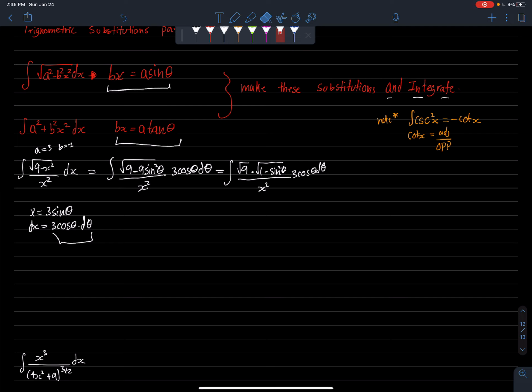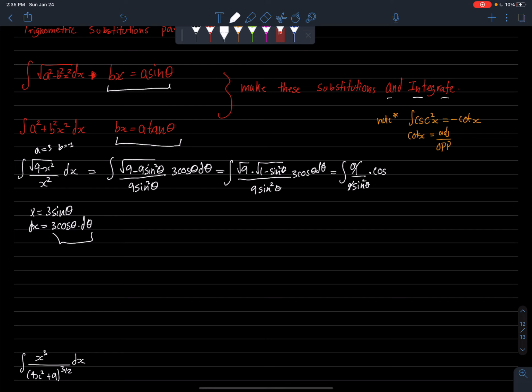Right, okay. So now what do we do? Well, let's replace that with cos. Root 9 is 3, but actually keep it 9 because we have another 3 outside. This is just going to be 9 sine squared theta over 9 sine squared theta.